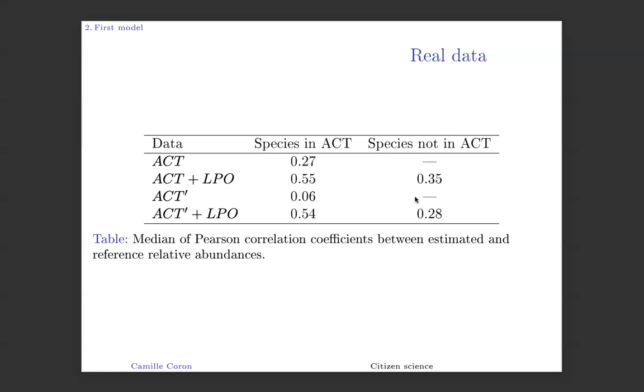So here we artificially reduced the standardized data set by taking 1/10 of the observations, so only 1 point per region. Here you see that the prediction capacity of the standardized data set is catastrophic. And by combining both data sets, the reduced standardized data set and the opportunistic one, we have a very good estimation.